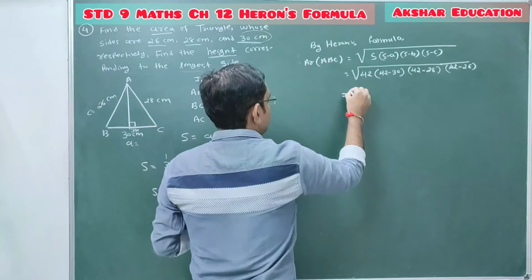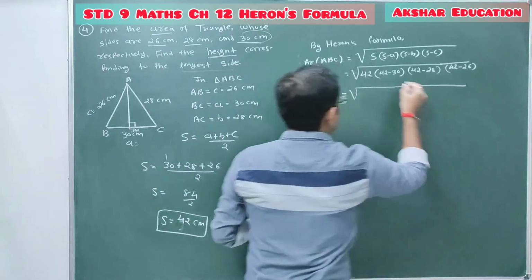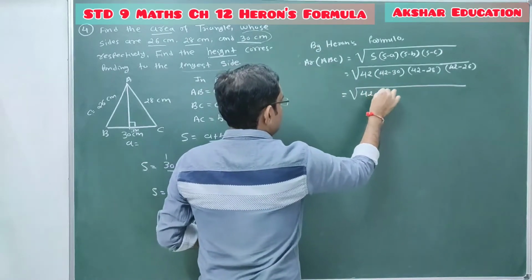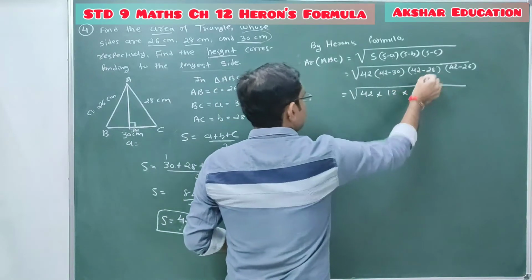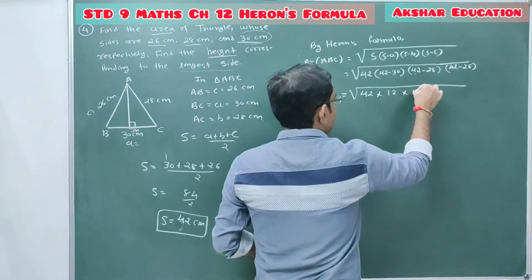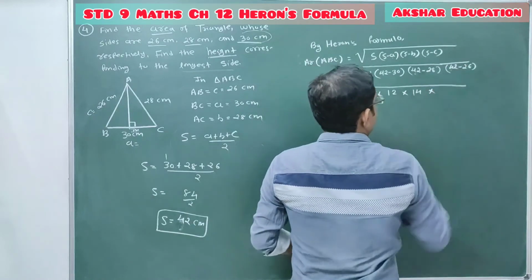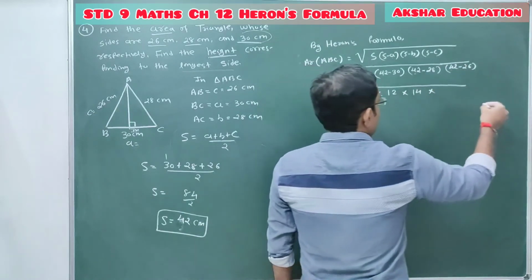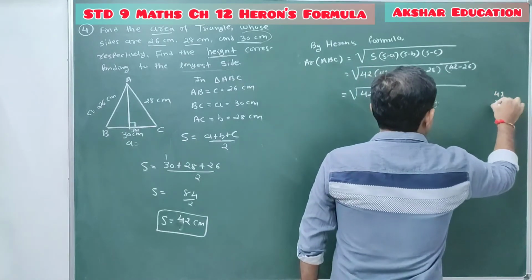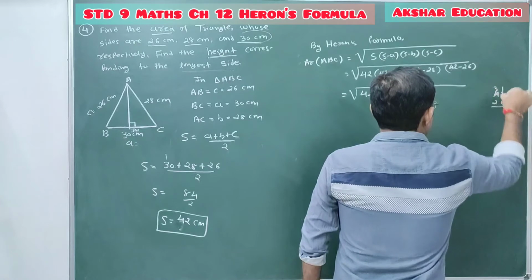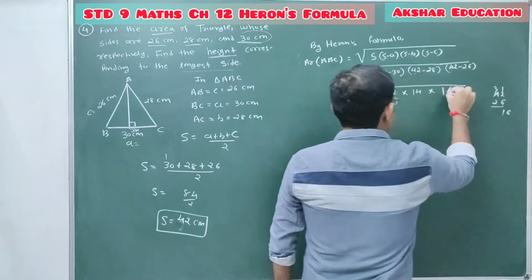So this is equal to square root of 42 into (42 minus 30) which is 12, (42 minus 28) which is 14, and 42 minus 26, so how much will it be? 16, right? Whenever there is confusion, do the subtraction. So it's 16.